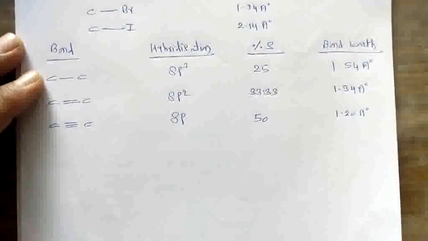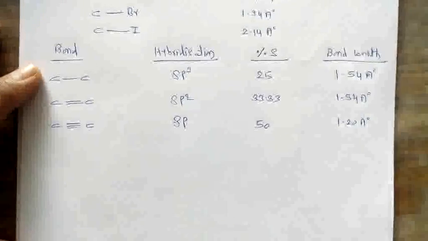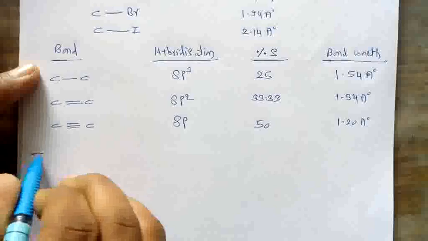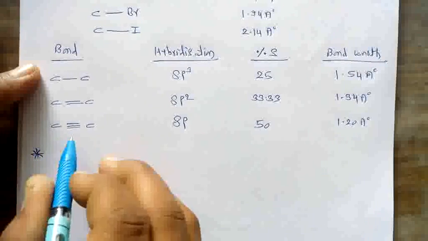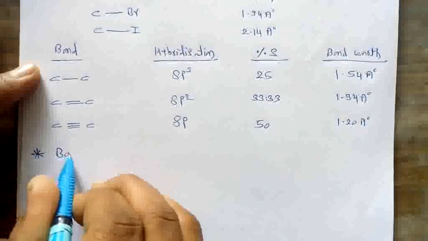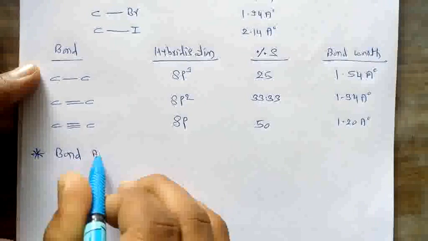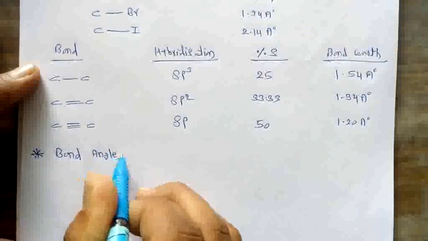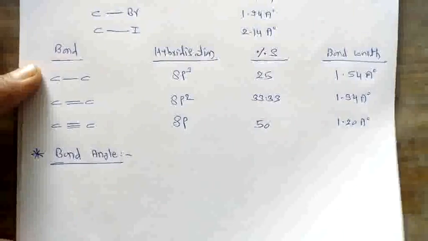Now the second important property of a chemical bond is called the bond angle. Now what is meant by bond angle?